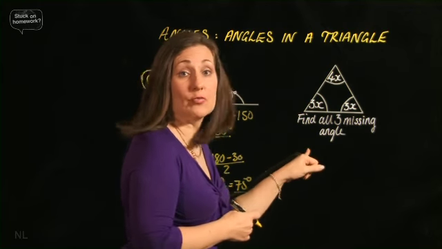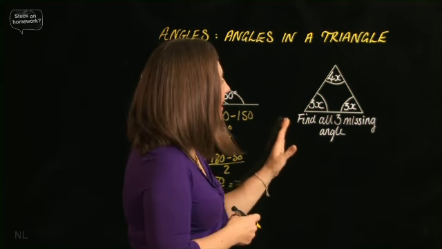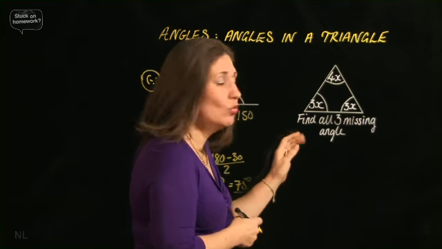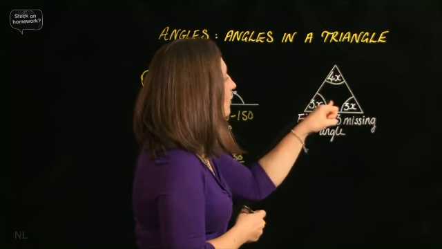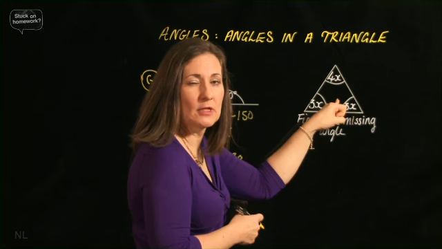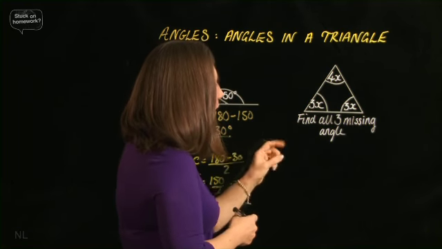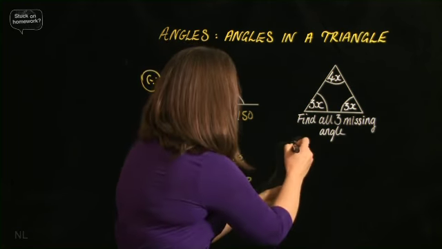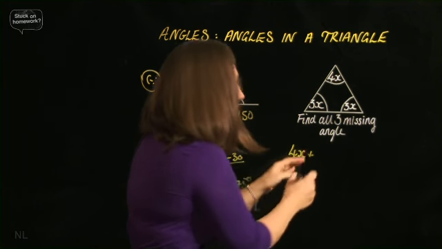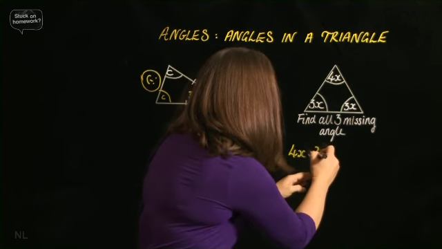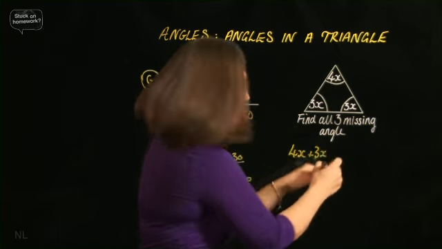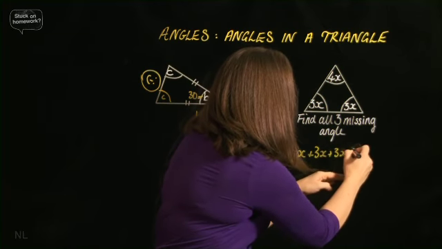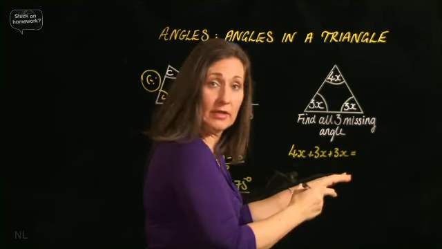Right, let's look at this one. Oh, a bit more algebra here. Now, I haven't got any numbers, but what I do know is they all add up to 180 degrees. So I'm going to make myself a little equation. So 4x, add that 3x, add that 3x, and that adds up to 180 degrees.